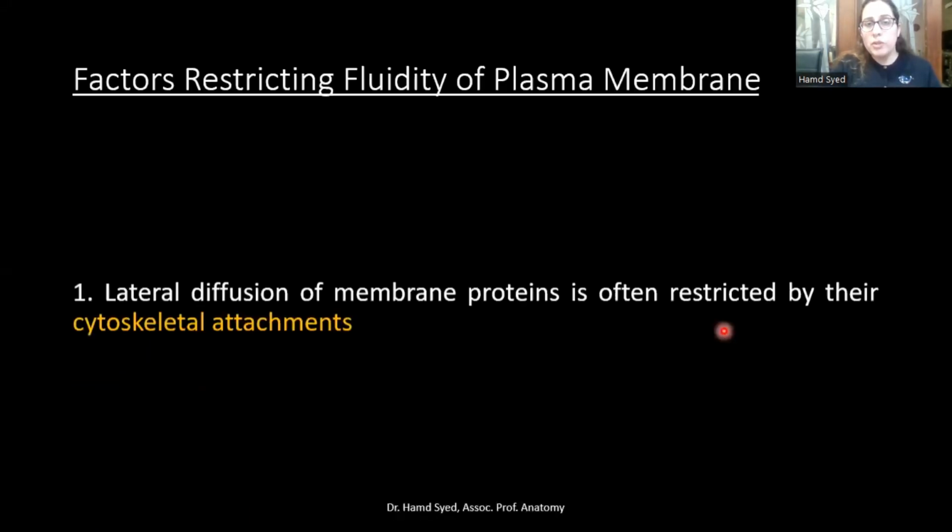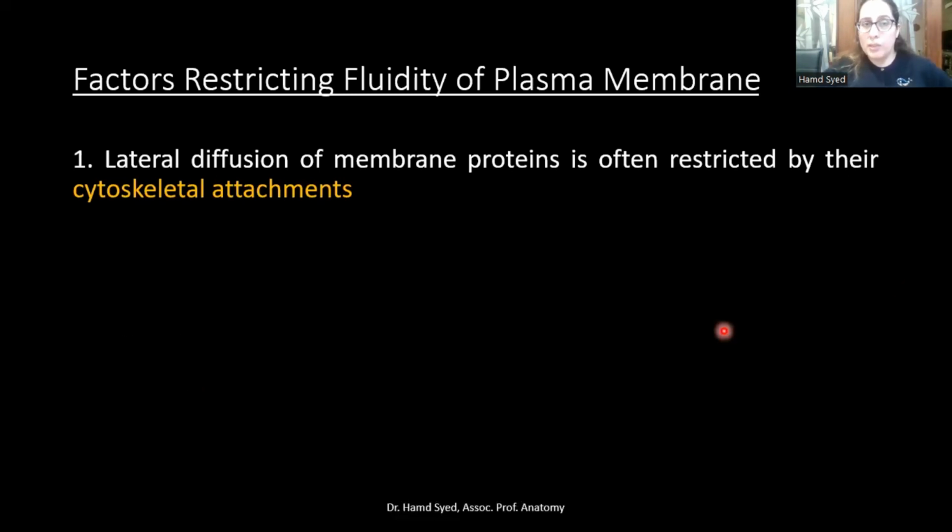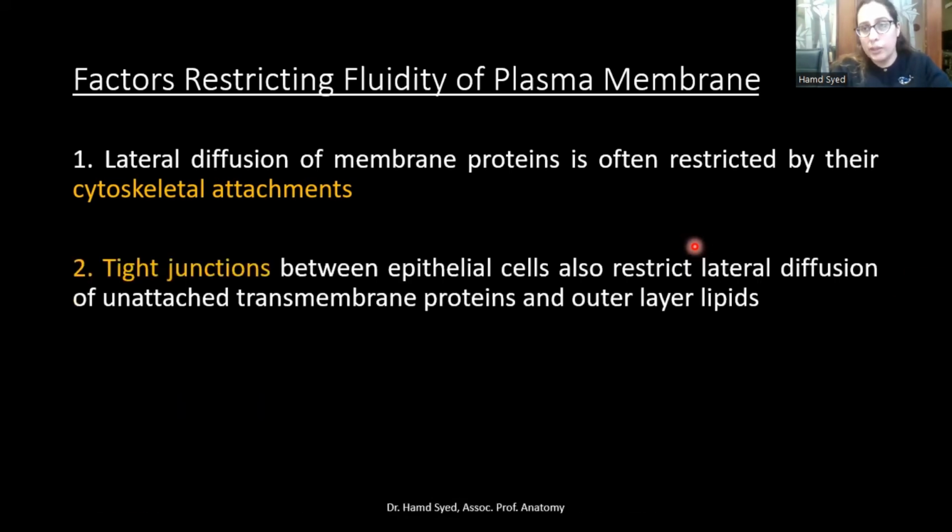So the factors restricting the fluidity of plasma membrane are also the cytoskeletal attachments of the proteins with the plasma membrane. So you can remember that cytoskeleton was the skeleton of the cell which is present within its cytoplasm. So it is anchoring lots of parts of the plasma membrane, restricting its fluidity.